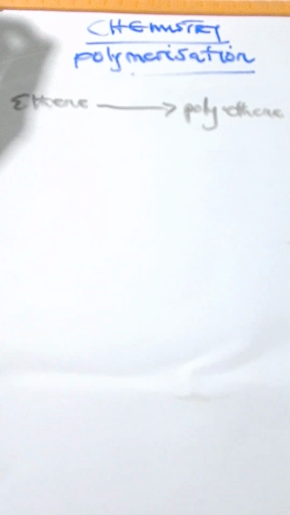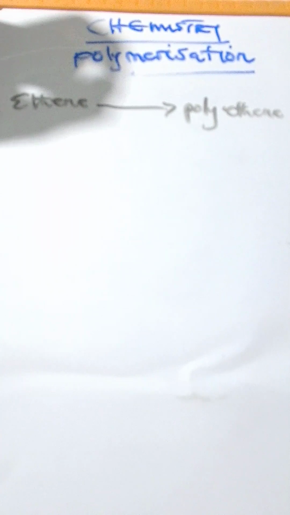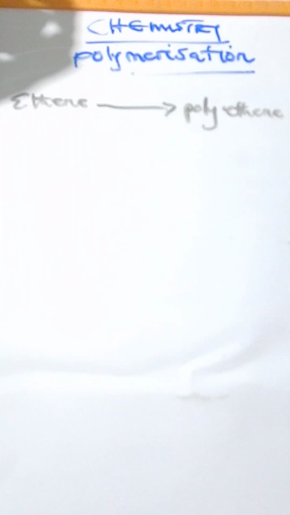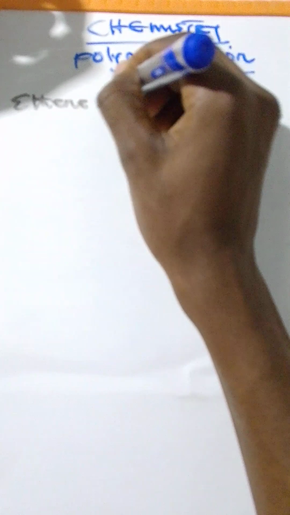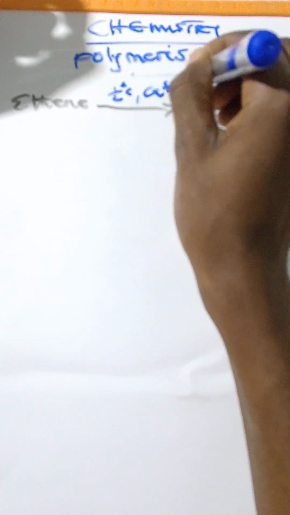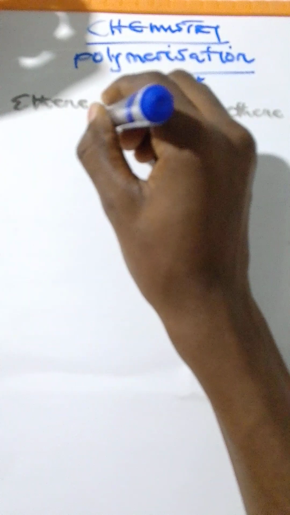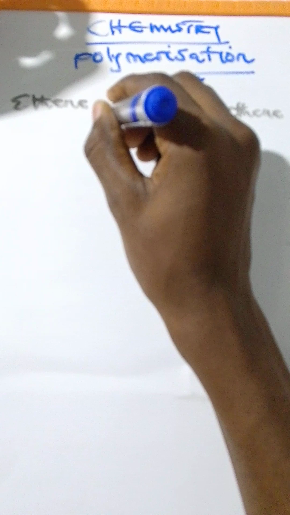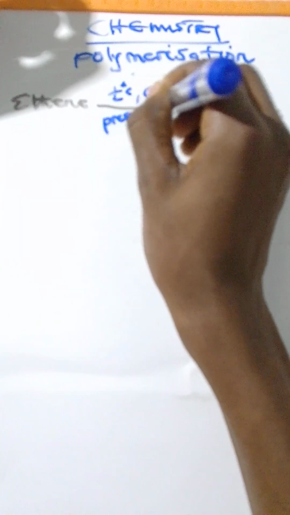Okay, so remember that whenever addition polymerization is taking place, there are some conditions or factors that are needed. So here, temperature is needed. Apart from temperature, a catalyst is also needed. Then also pressure is needed.